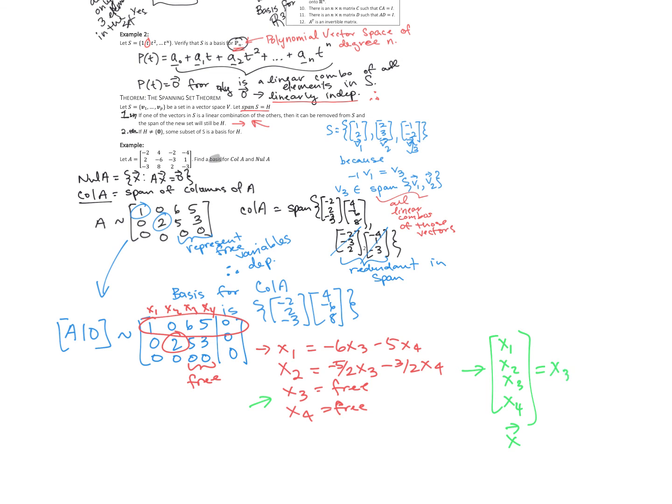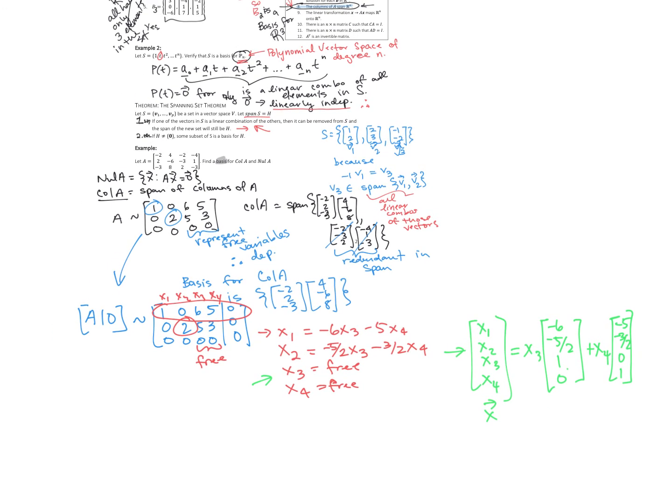So x3 times -6 for x1, -5 halves for x2, 1 for x3, and 0 for x4 because x4 doesn't depend on x3, plus x4 times -5, -3 halves, 0, and then 1. And our null space is equal to those two vectors.